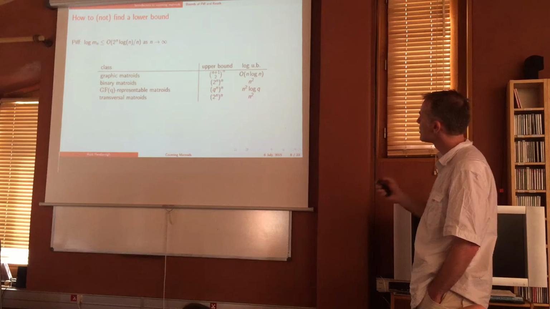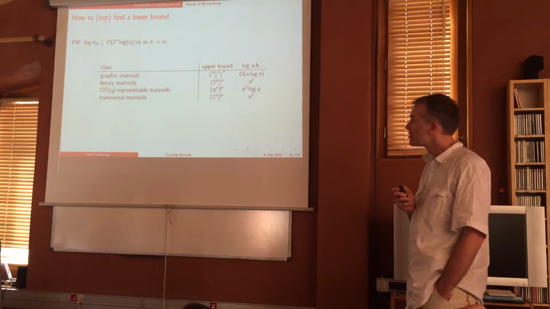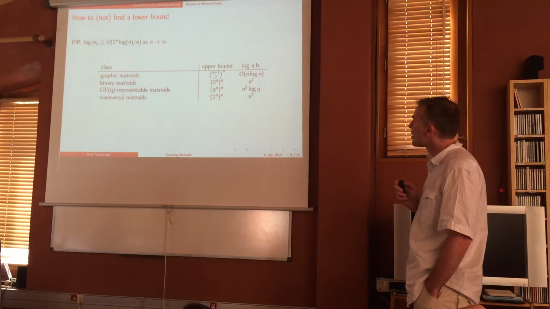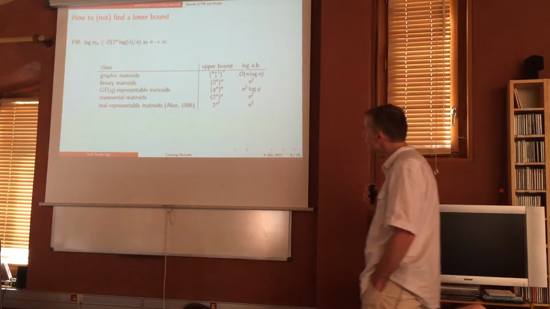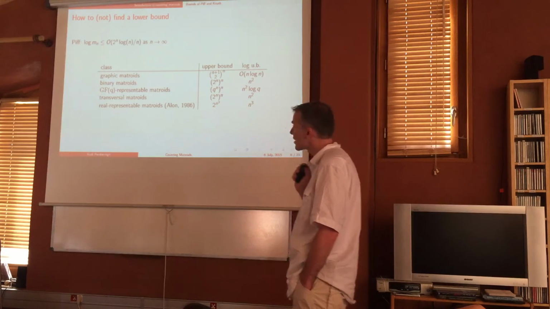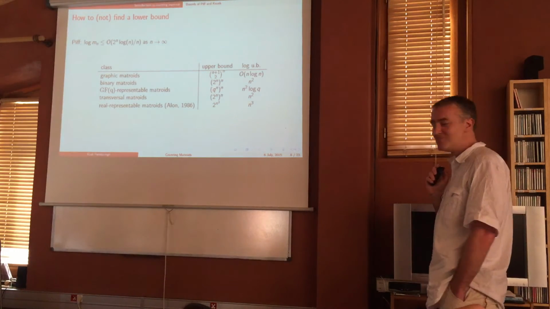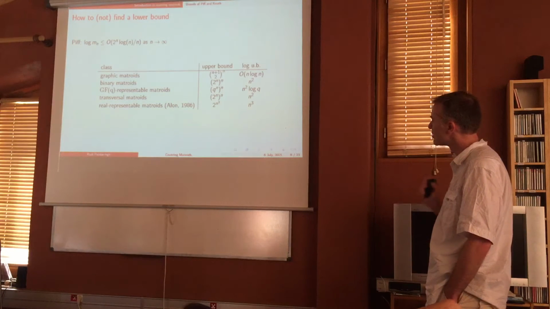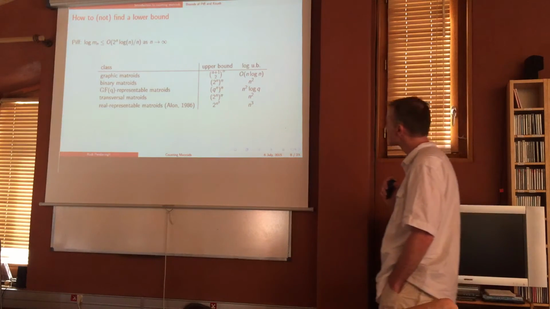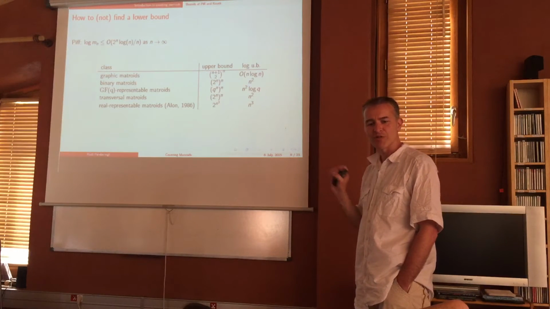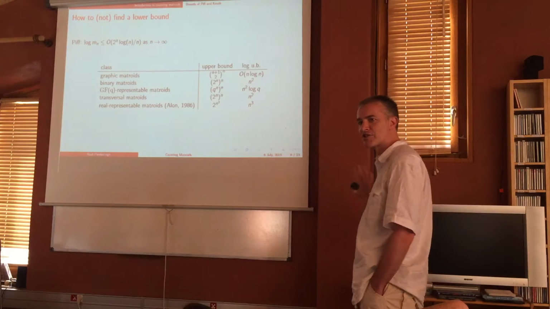So that's this, again, about n squared. All of these are really easy upper bounds. There's also the real representable matroids, and making upper bounds for those is much harder. But it was done by Noga Alon in 1986. But then you get something like n to the third. It's a bit sharper, but I'm not writing down the exact expression.